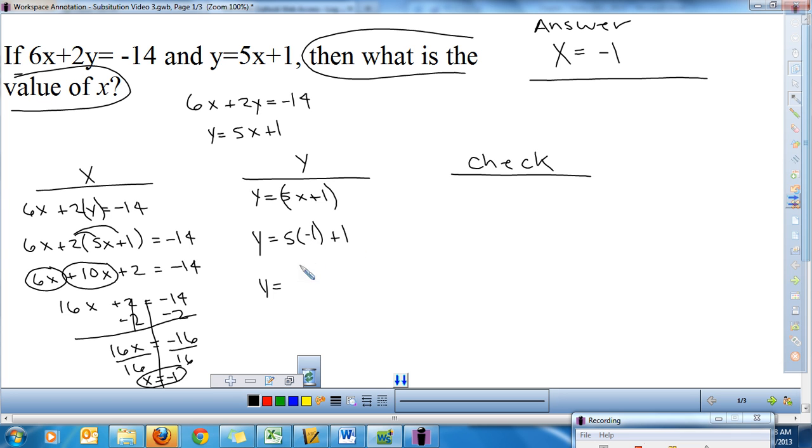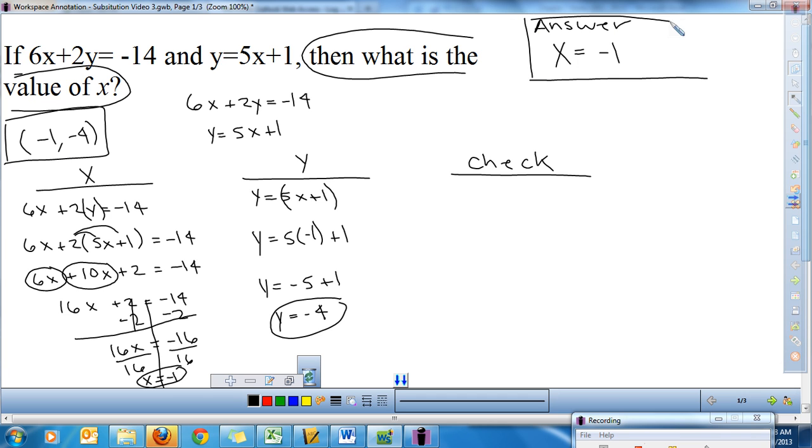Negative 5 times negative 1 is negative 5, and negative 5 plus 1 is negative 4. So I just found out that y was negative 4, that x was negative 1. Normally, I would write my solution like this, negative 1, negative 4. This would be my solution. We're only looking for x, so your answer is that x equals negative 1.